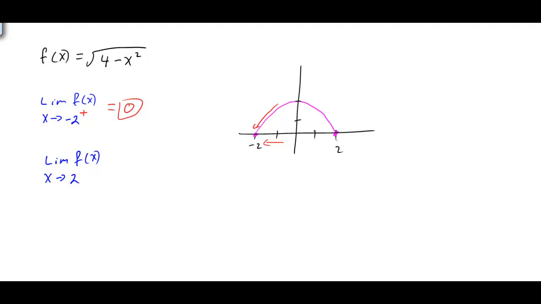Well, if we're approaching positive 2, there are no values to the right of 2, so we would want to use a negative to indicate we want to approach 2 from the left. And if we approach 2 from the left, again, we're approaching 0. So that's your limit from the left-hand side of 2.